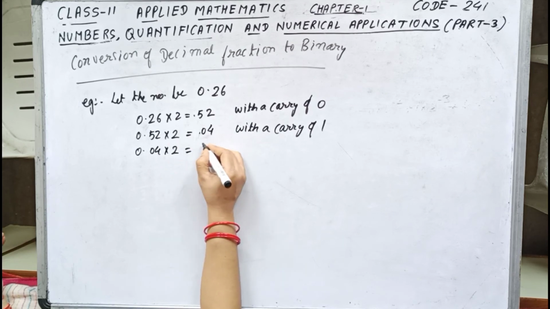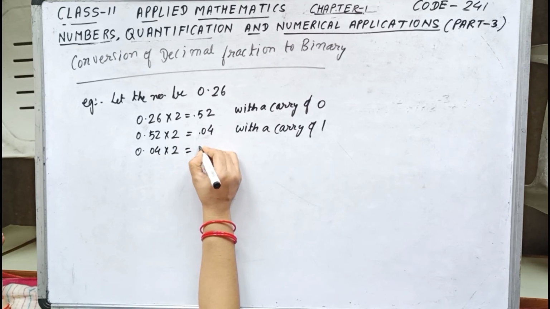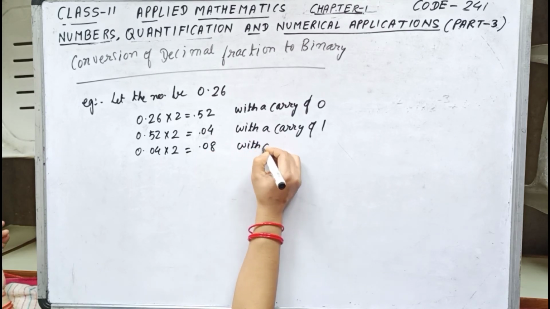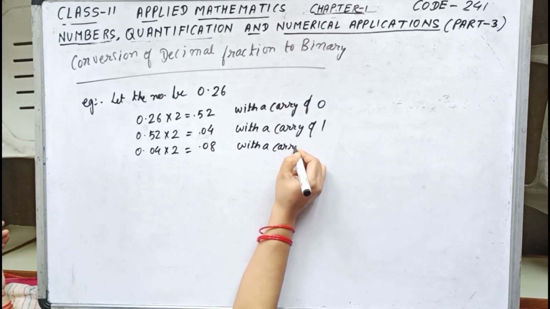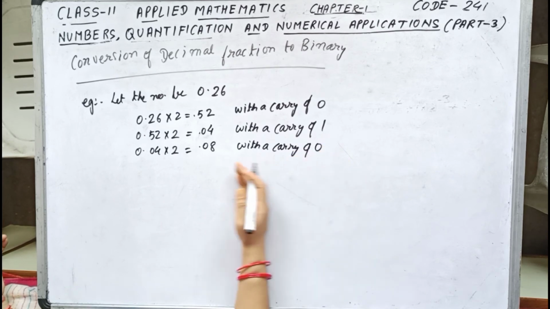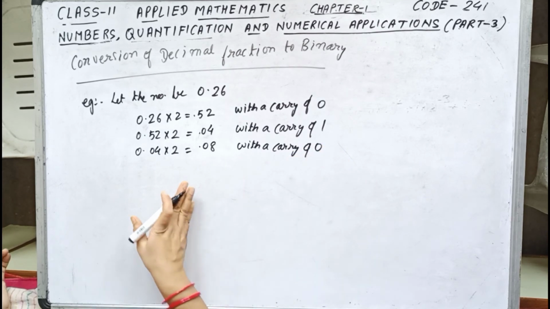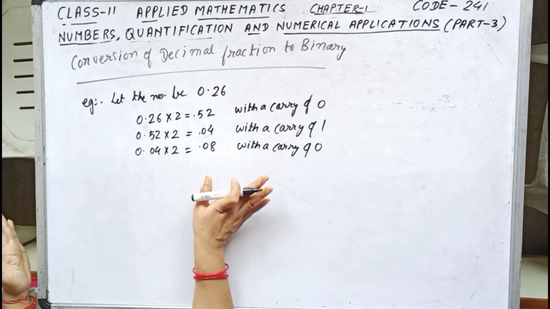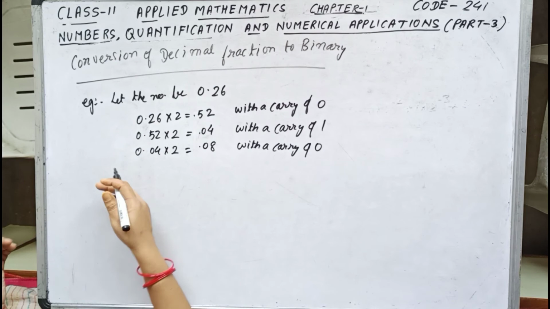Okay, again this 0.04 I'll be multiplying with 2. So over here it will be 0.08 and with a carry of 0. Now this 8 to the 16 and so on, it will continue with carry of 0 only. So I am putting a stop over here, I mean not continuing this further.